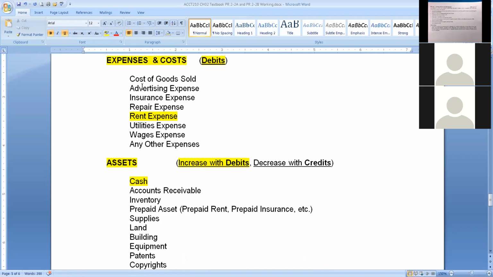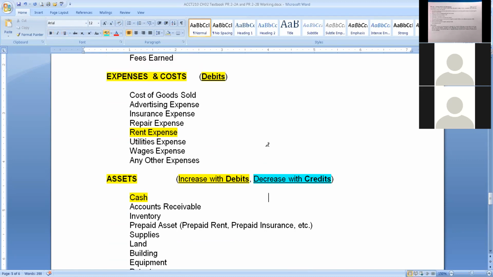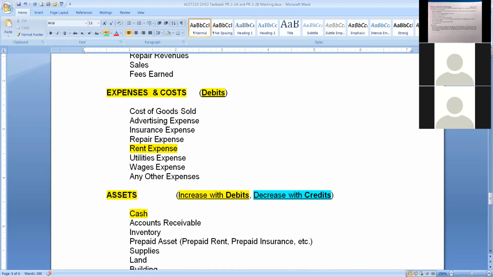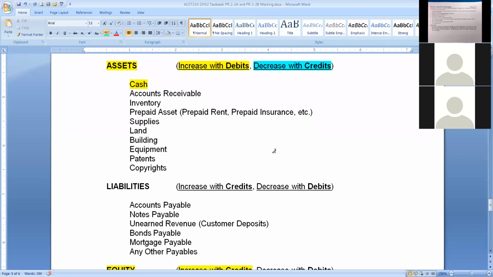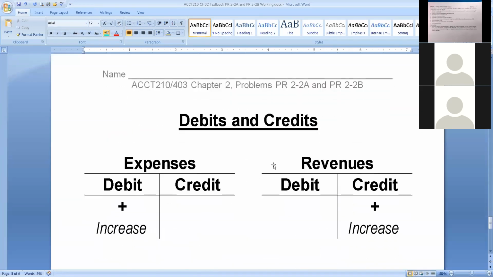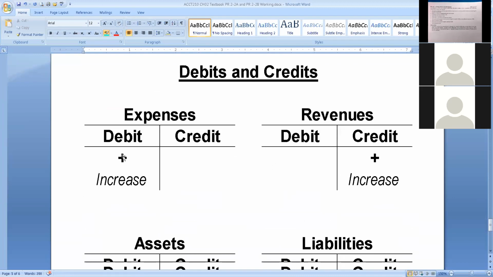Cash is going down. So let's say that cash is going down. Okay, so cash is going down. Will be decreased with a credit. Expense will be the debit. They're always debits. And if you come down here to this one, you'll see that expenses are always increasing.